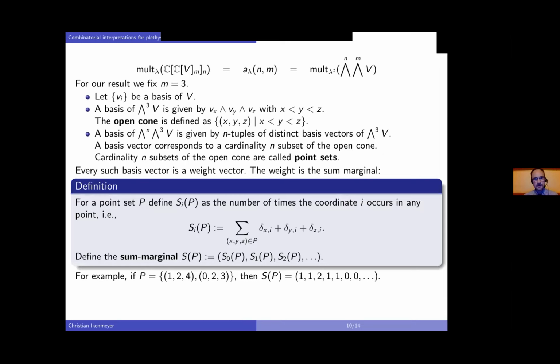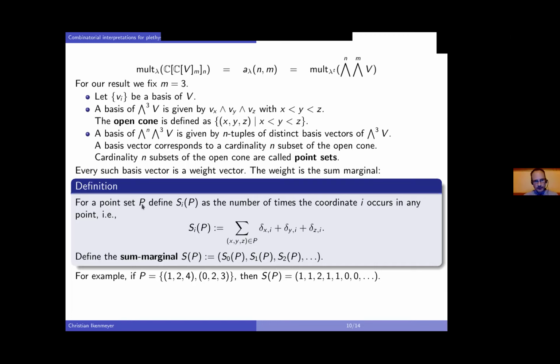The weight of that vector is what we call in the paper the sum marginal. You just take your set of points and ask how many of the coordinates of all the points are 0, how often does 1 appear, or 2 appear in all coordinates?